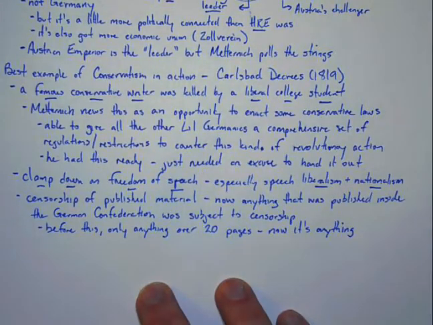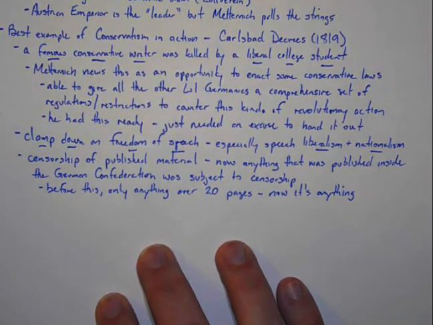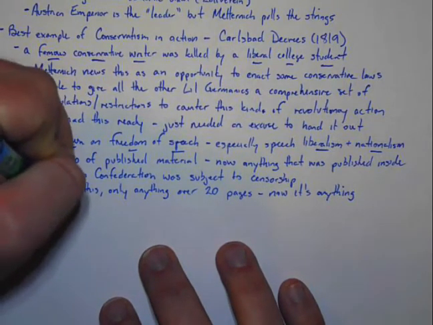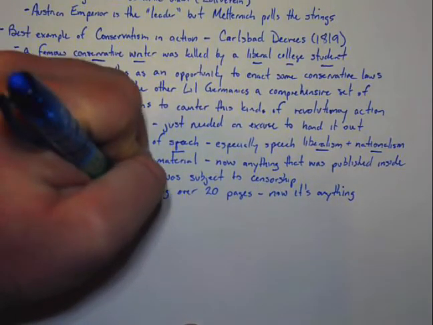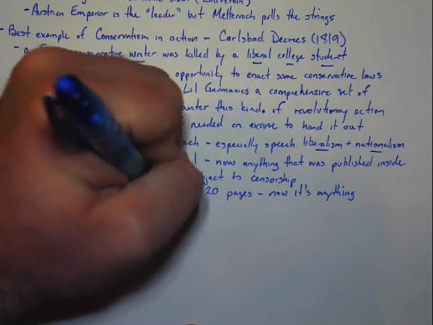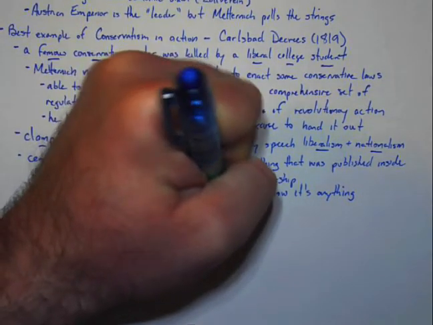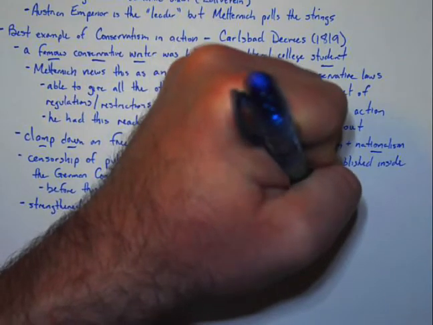Anything published had to be submitted to the censors. It strengthened the secret police to spy on possible liberals or radicals.